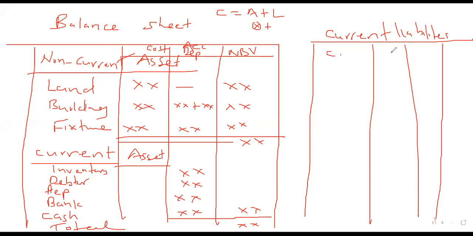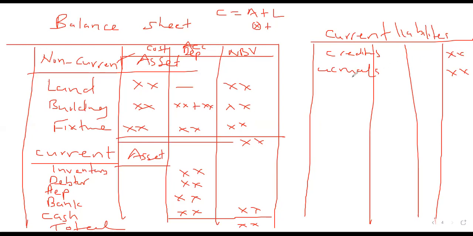We can have creditors, and we have accruals. Are we moving together? Is this helpful, or do we already know this? It's very helpful. Okay.